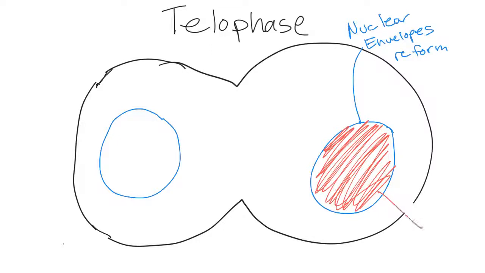You have chromosomes unwinding. And you have the nucleolus again.